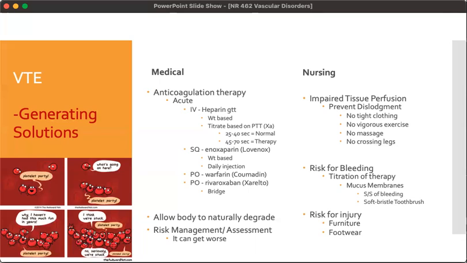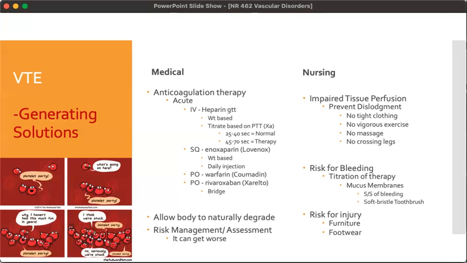Mucous membranes are going to bleed first: oral mucosa, urine, stool, nosebleeds. In severe cases, the conjunctiva in the eyes can start bleeding, but that's super creepy and rare. You're going to see it in the mouth, nose, and urine first. So look at mucous membranes because they're going to bleed first.